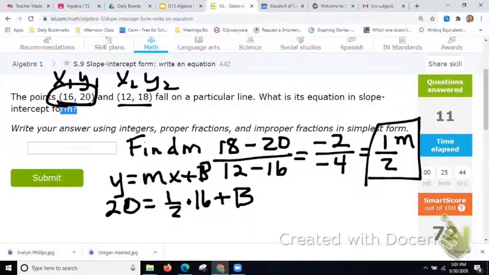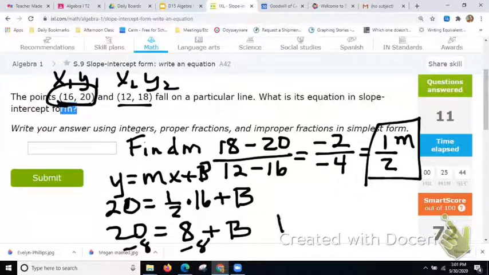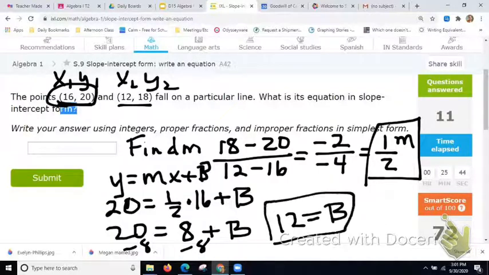So then 1/2 of 16 is 8. So 20 is equal to 8 plus b. So when I subtract 8 to get the b by itself, I find out that b is 12. Now I need to write my equation. Y equals, there's my m, always have an x, plus 12.